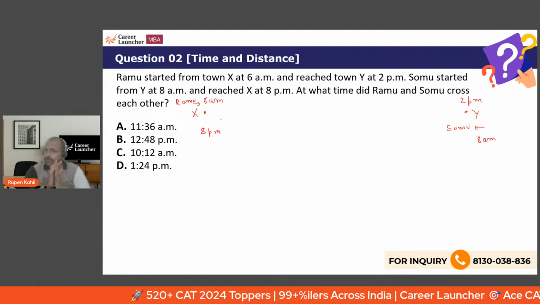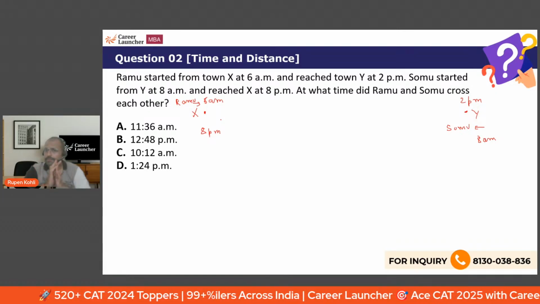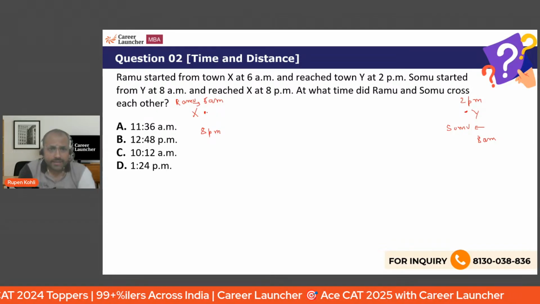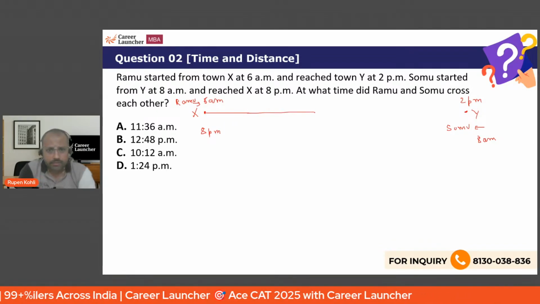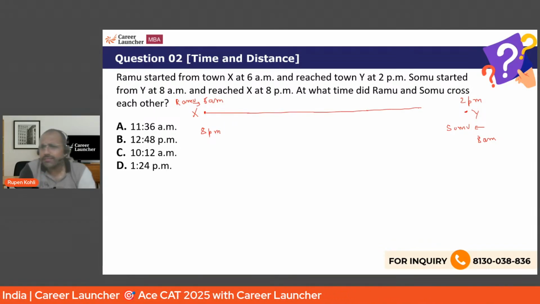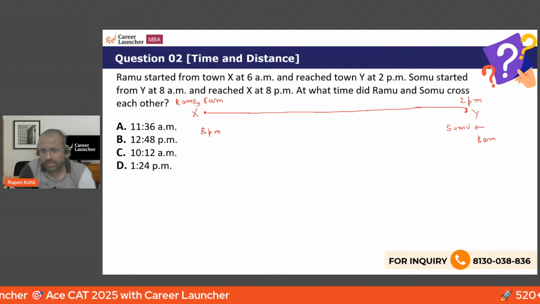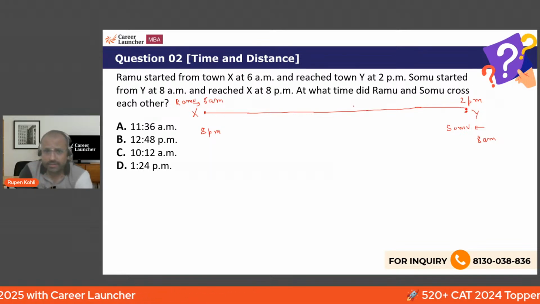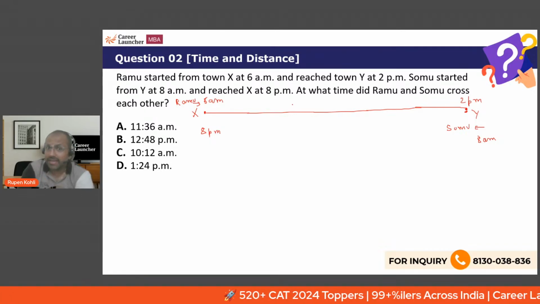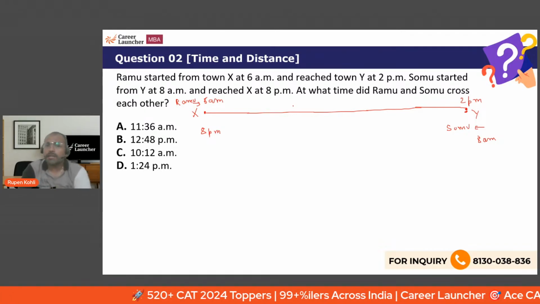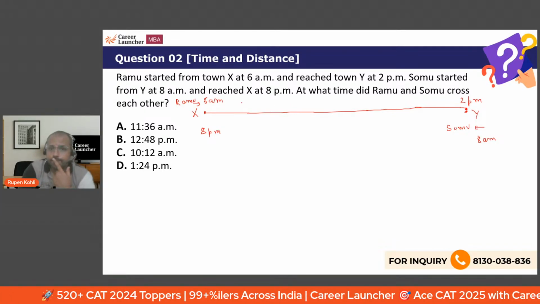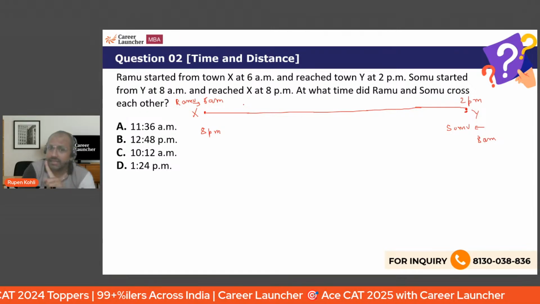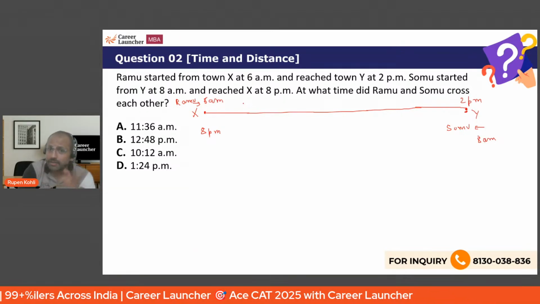Let me prove it to you if you have any doubt about that. Let's say that the distance we take as some number, as a variable rather, so that we can be sure that whatever that value is does not matter. What I'll do is I'll not take the distance as a variable x, but a multiple of the time periods, because once I define the distance, I know I have to define the speed also.